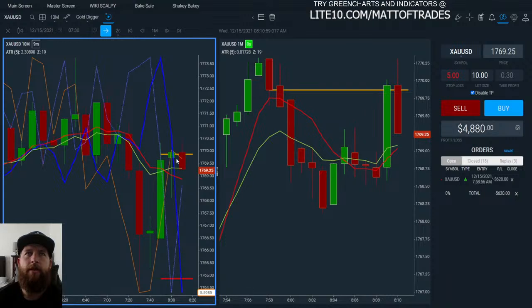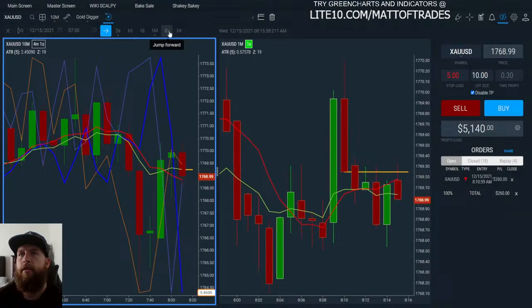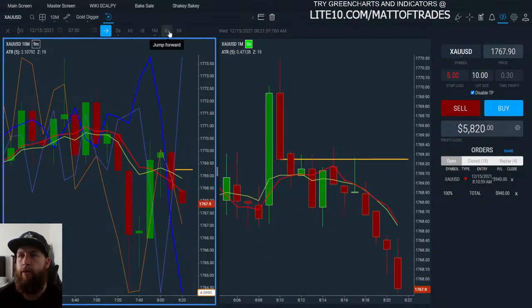Okay. So, orange is down. Thin blue's up. And we're actually closing this into a sell since our thick blue also is pointing down. There we go.